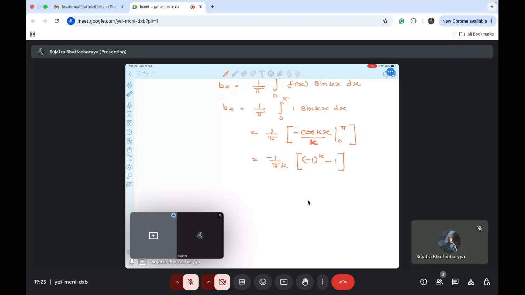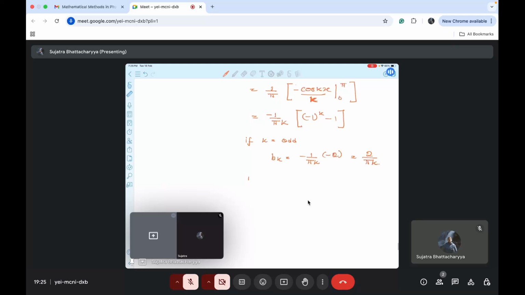Now, if your k is odd, then b_k will be equal to minus 1 by pi k multiplied by minus 2, so it will be 2 by pi k.